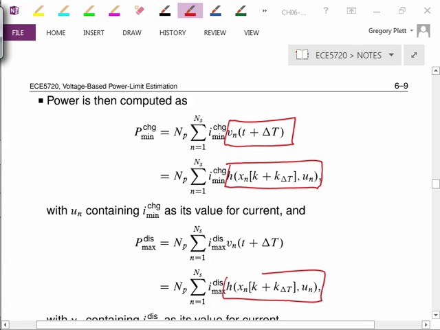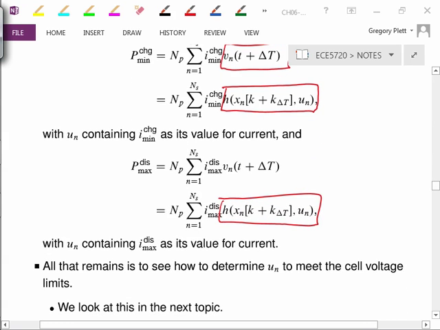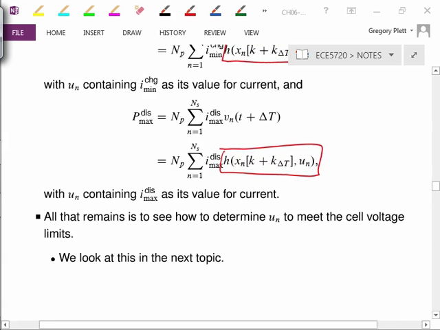And the same here when we're talking about the discharge power. Both of these use the actual cell model to do it. They don't use a very, very simplified version like the HPPC method does.